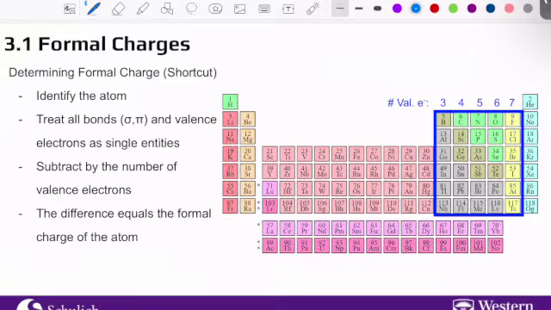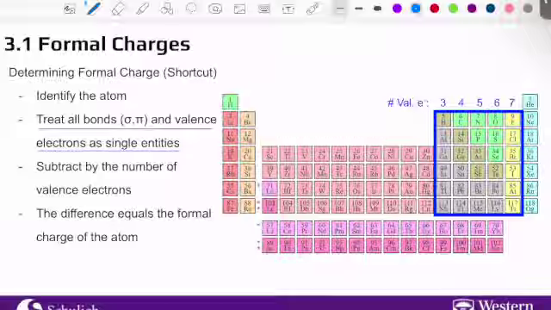The first thing to do is identify the atom as we had done previously, determining, for instance, an oxygen, sulfur, etc. Then we're going to want to treat all bonds, our pi and sigma bonds, and valence electrons as single entities. I'll show you what that means in a second. And you're going to subtract this from the number of valence electrons, and whatever that difference is represents your formal charge. That's a mouthful. I think we should describe this via an example.